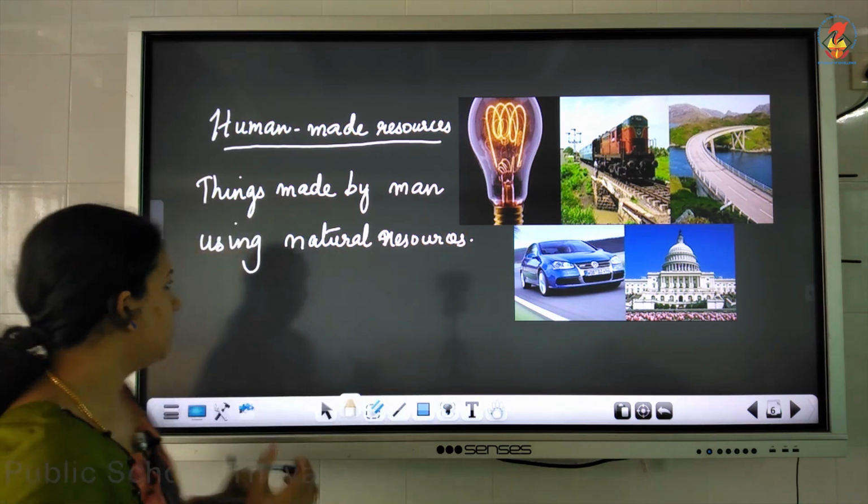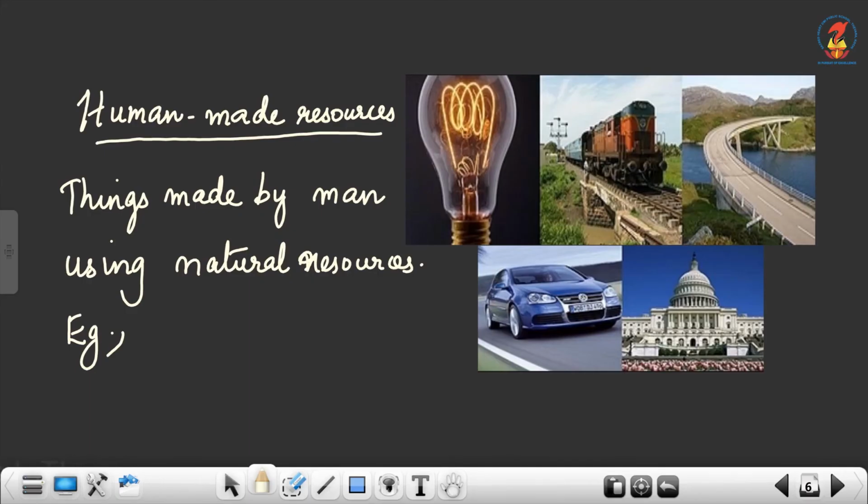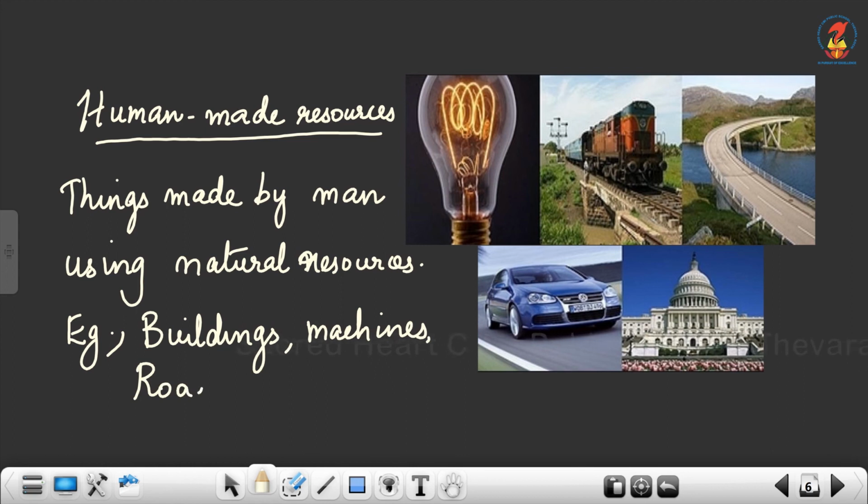Okay, examples for that. If you look at the picture, you can see several pictures here. One example is the buildings that you find. Then there are machines. Then roads, electricity.